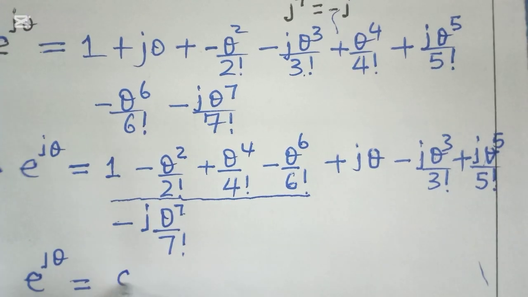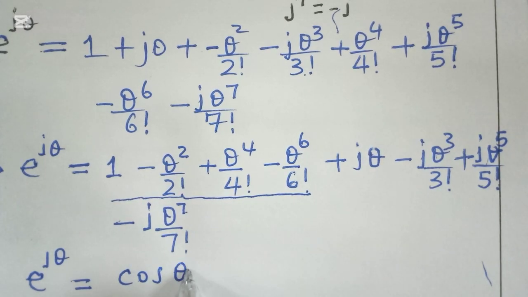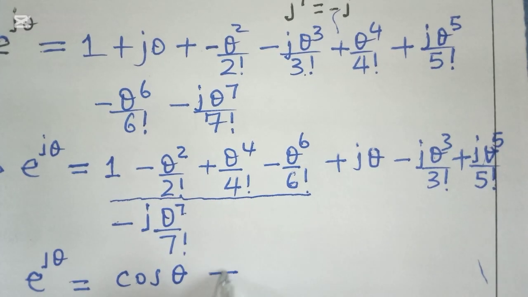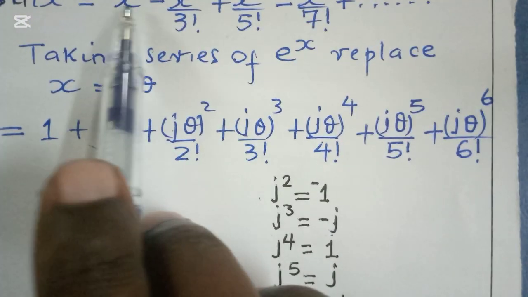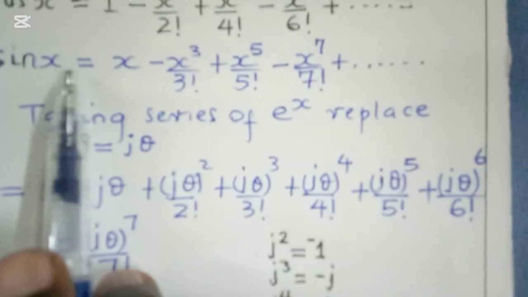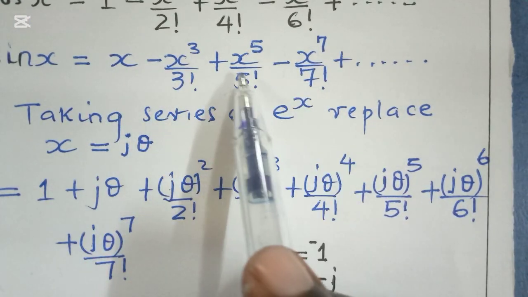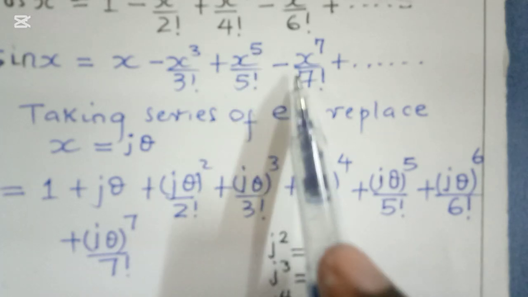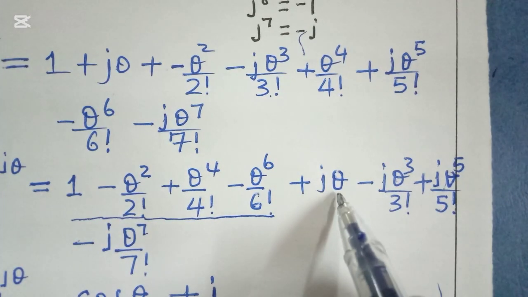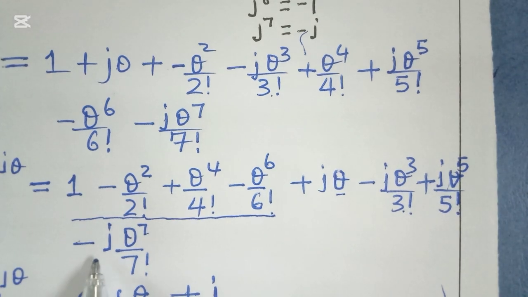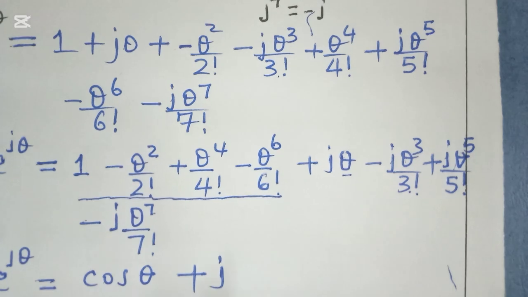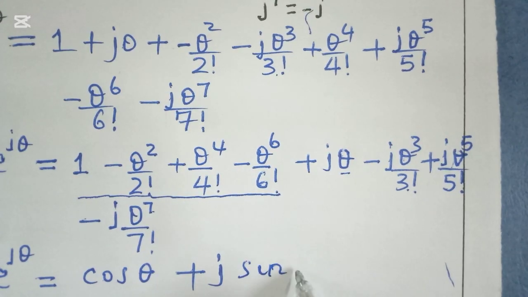So therefore we have cos theta, plus j times, when we factor out j, the series of sine: theta minus theta cubed all over 3 factorial plus theta raised to 5 all over 5 factorial minus theta raised to 7 all over 7 factorial. And so this one will be sine theta.